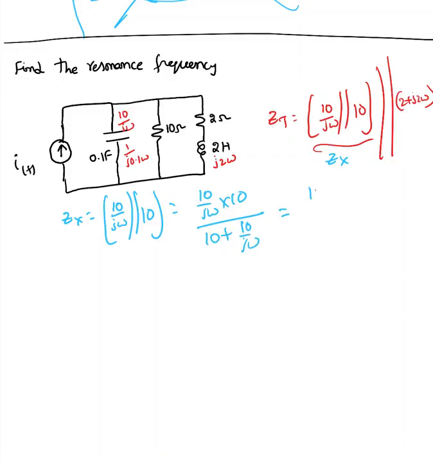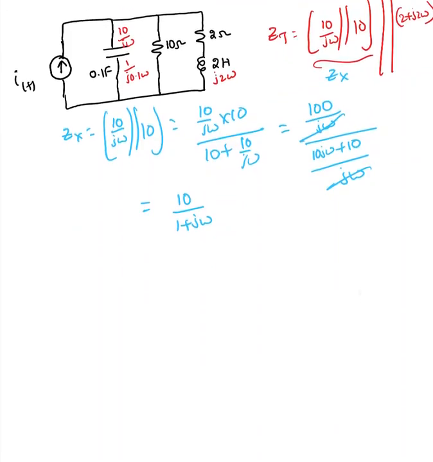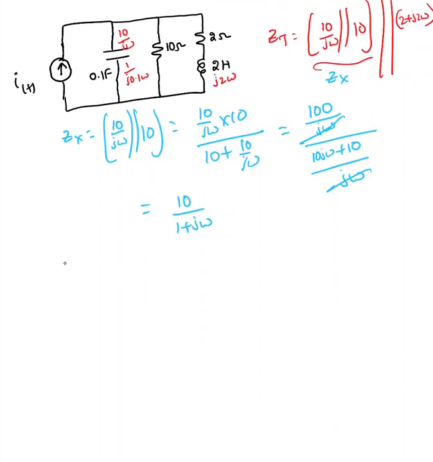So I'll end up with 100 over j omega divided by 10 j omega plus 10 divided by j omega. The j omega gets cancelled. If I take out the 10, it's going to be 10 divided by 1 plus j omega. Okay, now that zx is in parallel with 2 plus j2 omega.